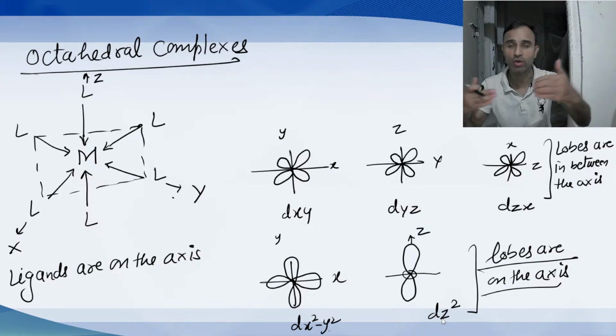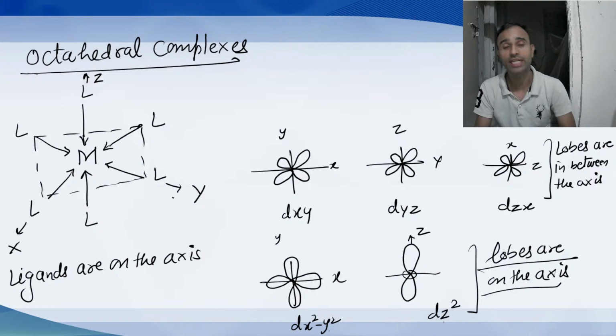As they are head on to each other, they repel more, and that's why the degeneracy of the d orbitals is removed.